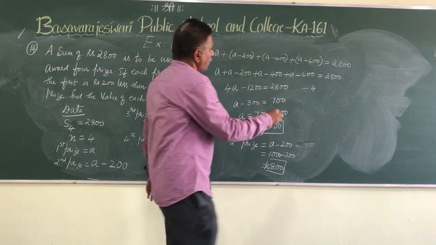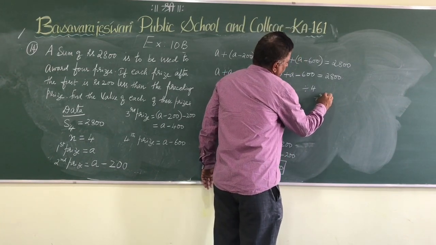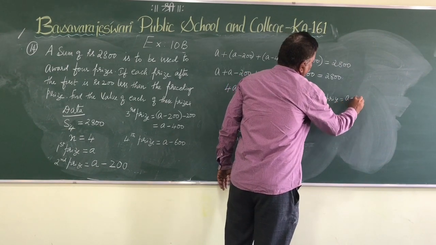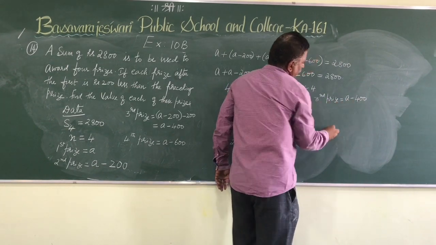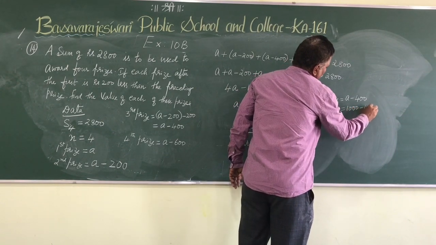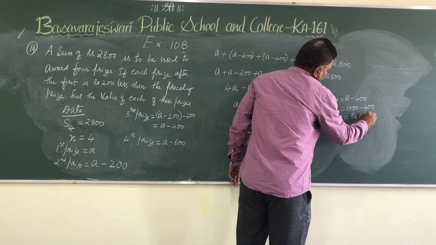What is the third prize? It is A minus 400, that is 1000 minus 400. So the third prize is how many rupees? 600.